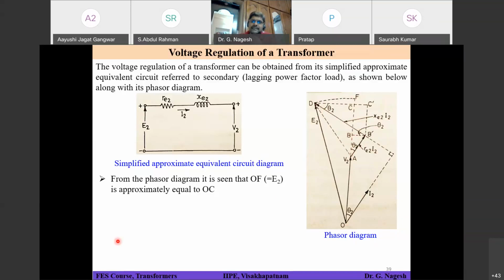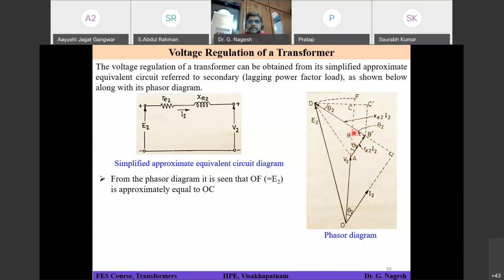So what will be AB from this phasor diagram? AB. I2 RE2 cos theta 2. That is your AB. What about BC?